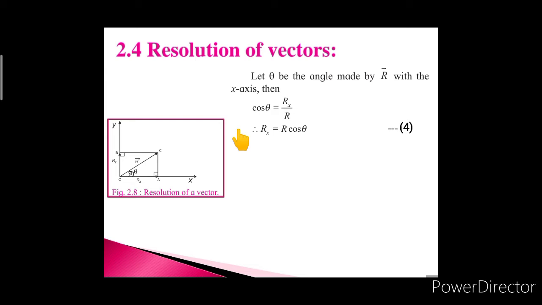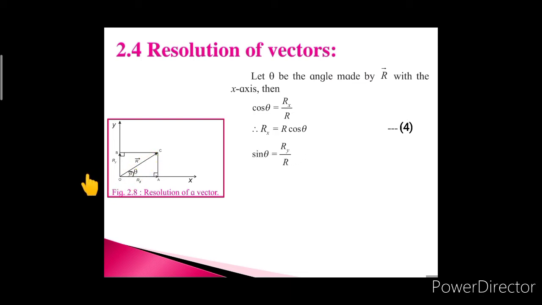Similarly, in the same triangle we can take the value of sin theta, which is nothing but opposite upon hypotenuse. The opposite is vector AC, the hypotenuse is vector OC.